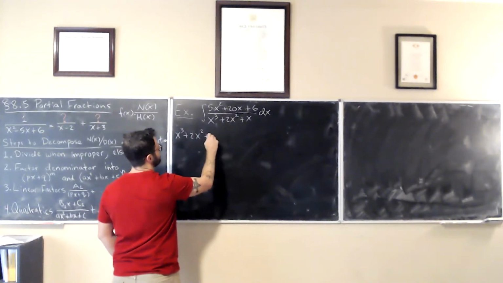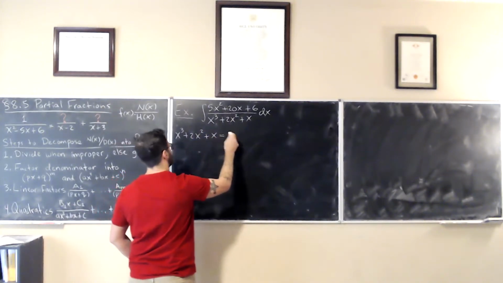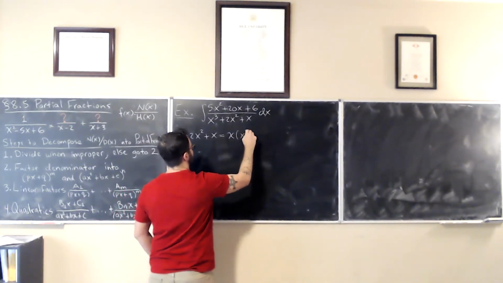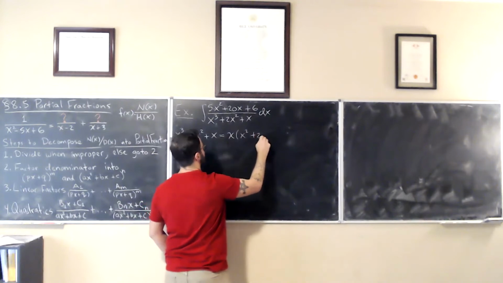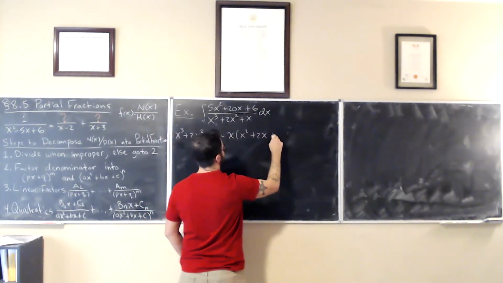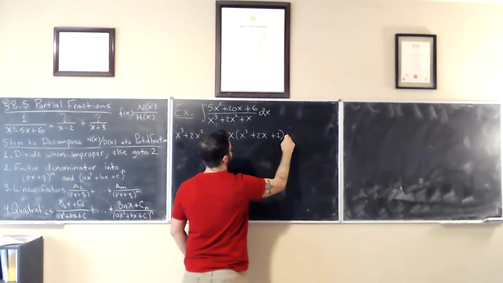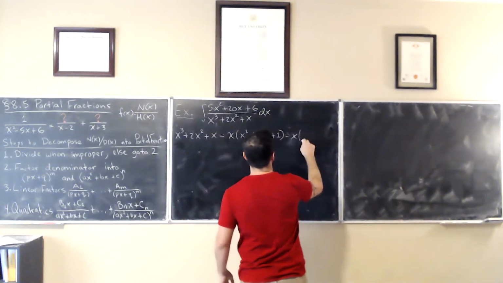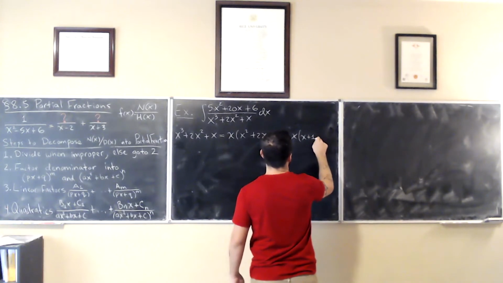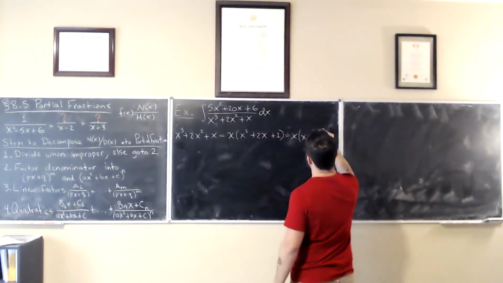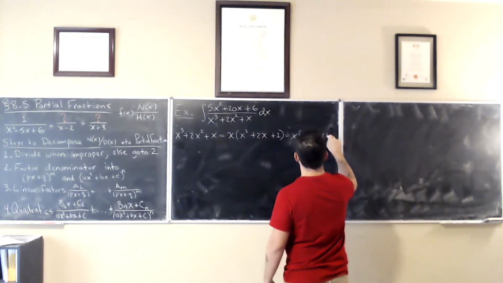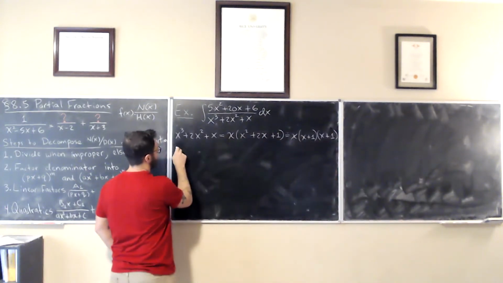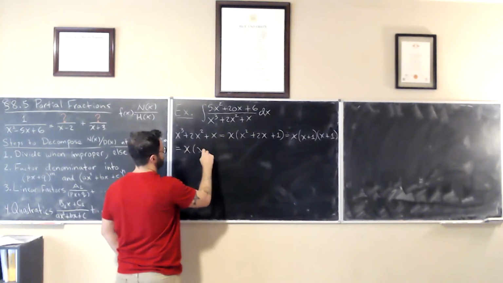Immediately I see that there is a common factor of x, so I'm going to take that out. x plus 1, and this factors to x plus 1 times x plus 1. But whenever you do that, go ahead and combine them, and you'll see why in a moment.